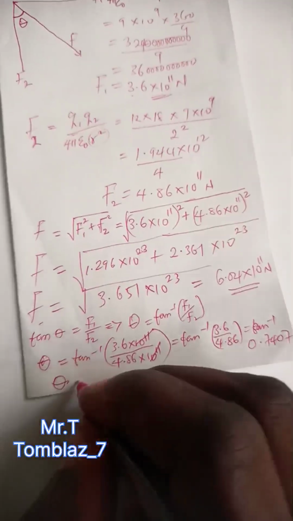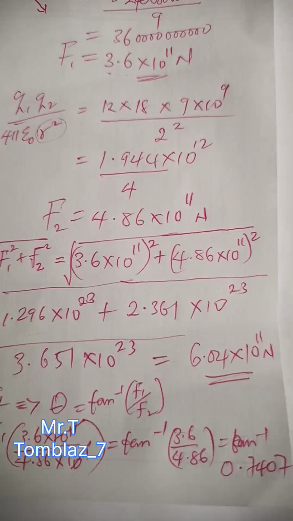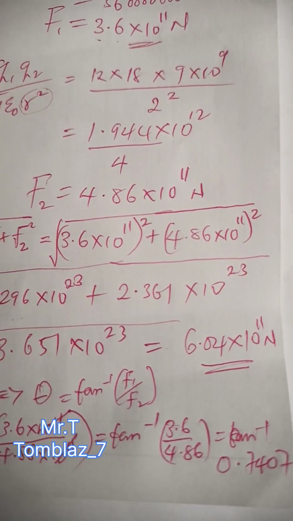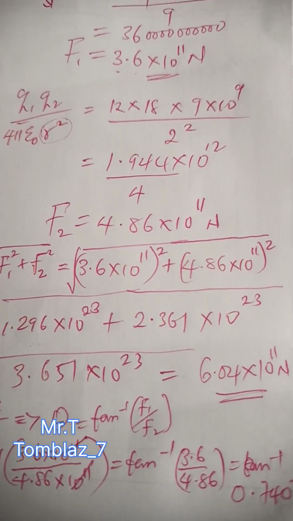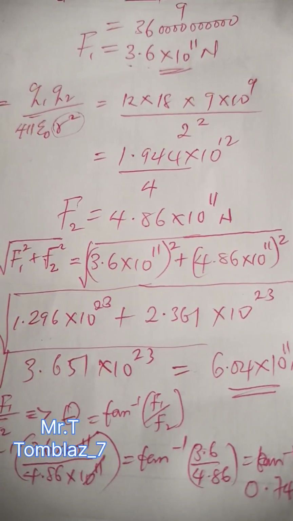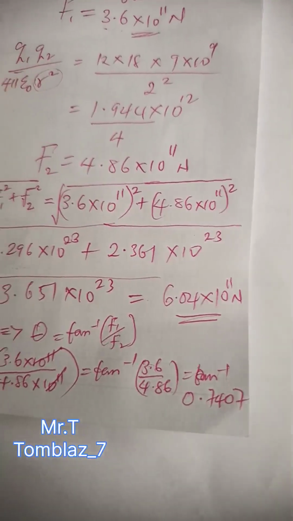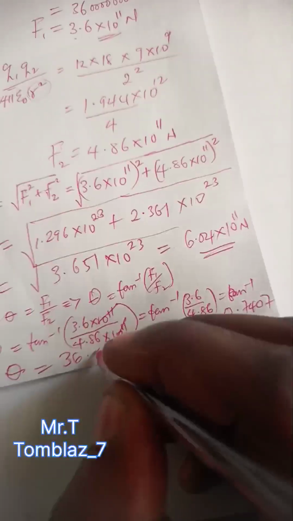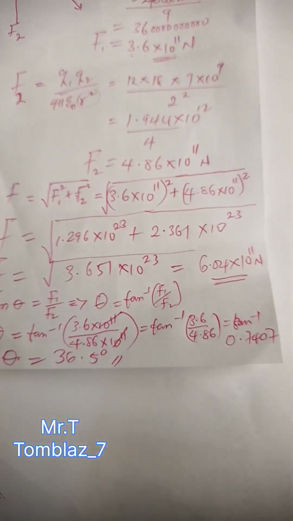So our theta now will be equal to the tan inverse of that value, which is going to give us 36.5 degrees.